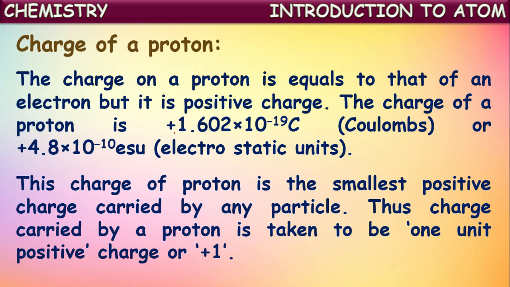Thus, the charge carried by a proton is taken to be 1 unit positive charge or plus 1, whereas the charge of an electron is taken as 1 unit negative charge or minus 1. So both have the same quantity of charge but opposite in sign. Okay.